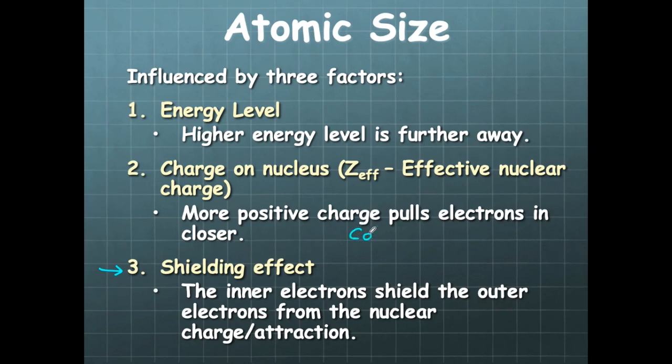The first one is core electrons, and the second one is valence electrons. We know what valence electrons are: valence electrons are the electrons present in the outermost energy level. And the core electrons are the electrons present in the inner energy levels.